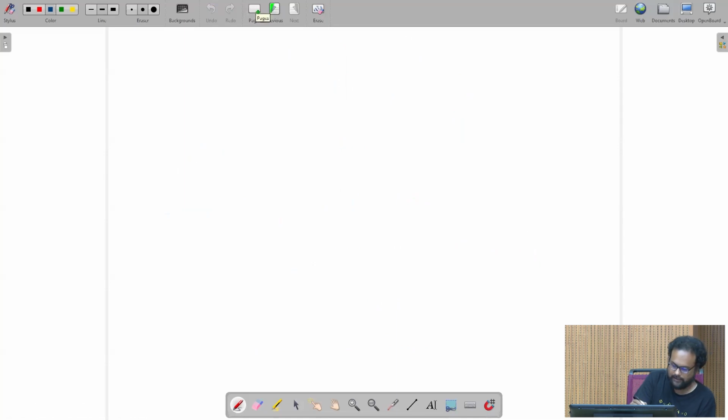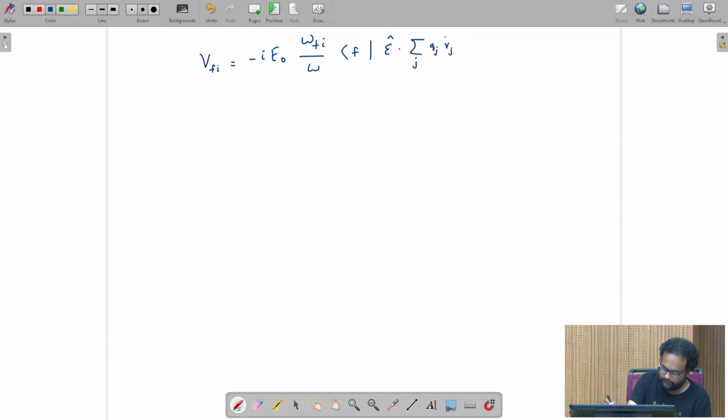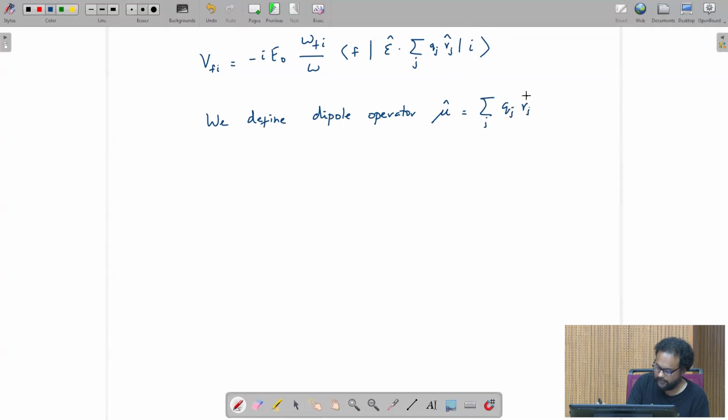Okay, for multiple charged particles, my V_fi will be minus i E naught omega_fi over omega, E dot the sum over j of q_j r_j, the position operator. Now we define the dipole operator mu as the sum over j of q_j r_j.